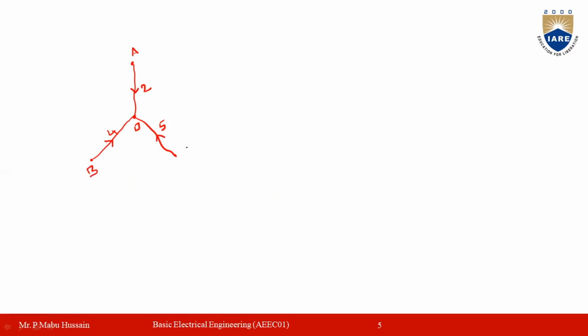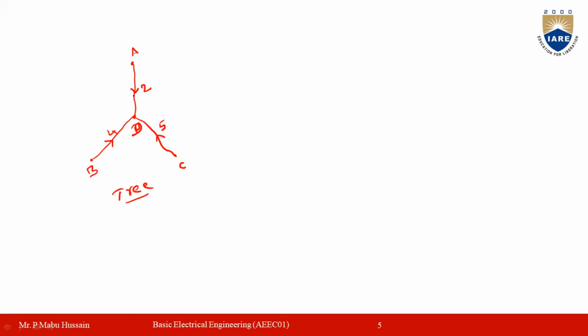This is the B node and this is the C node, and the middle one is the D node. Now this is a tree, because it has all the nodes of the original graph but there is no closed path. How can you form a closed path? If you connect any one link.